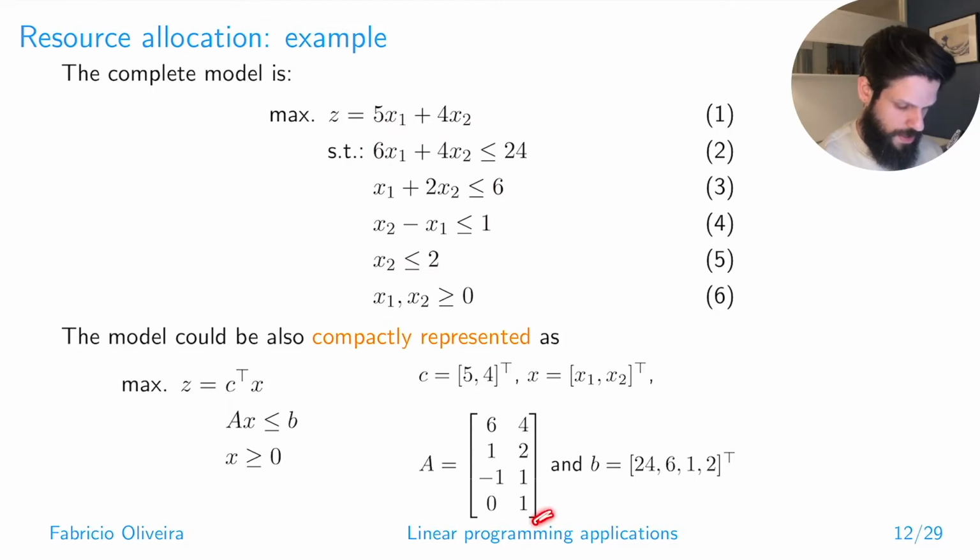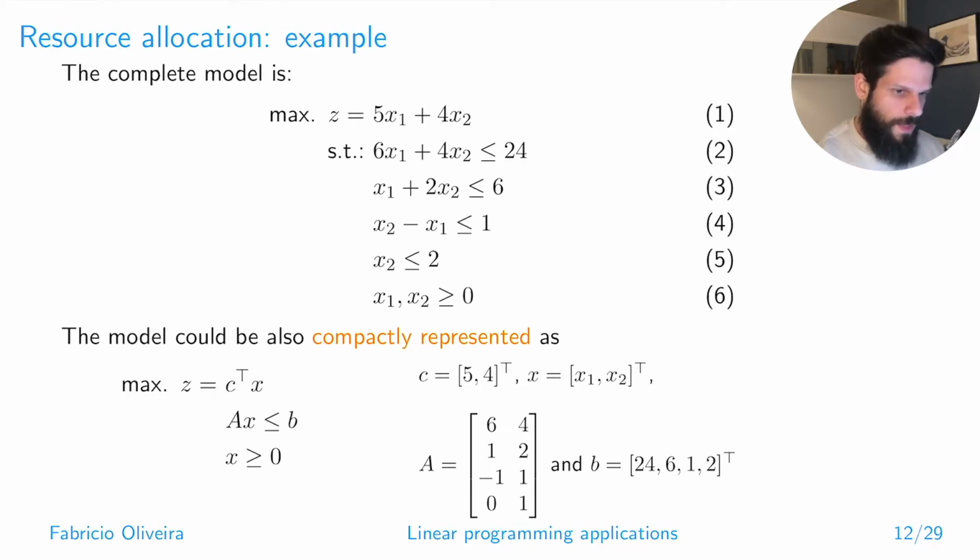So it looks exactly like that: 6, 4, 1, 2, minus 1, 1, and 0, 1. Okay, so this is a numerical example of a resource allocation, which is basically the main type for linear programs, really. In one way or another, every LP is a resource allocation problem.